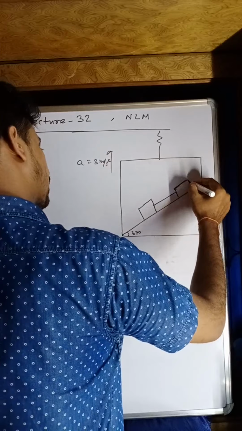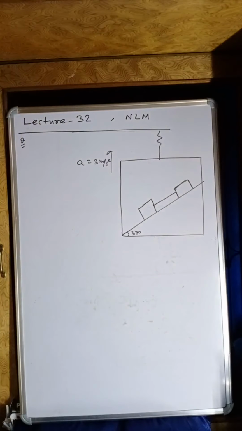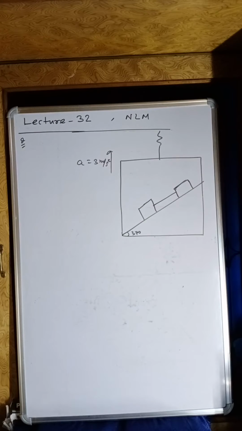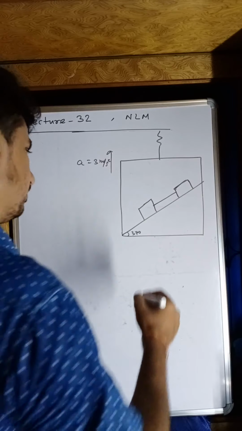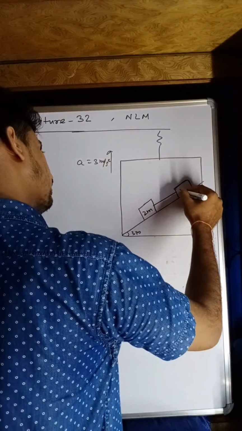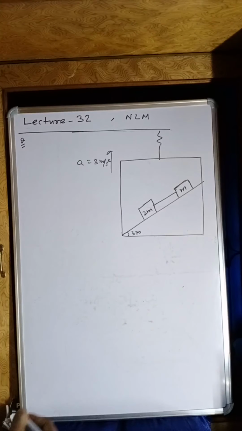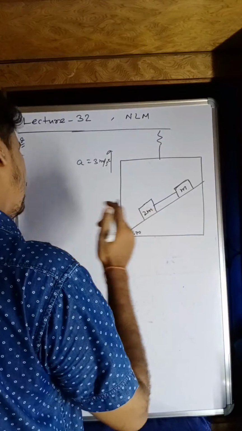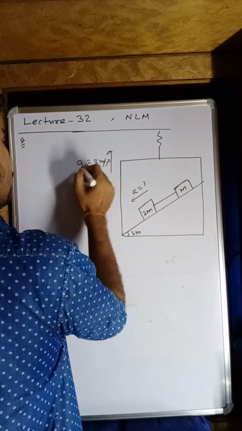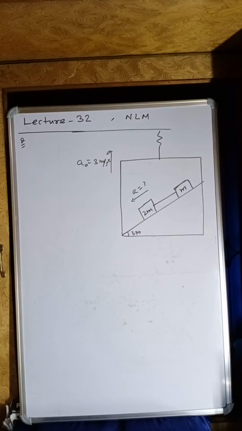If you got the concept how to solve this question, then you can solve this one also. Okay, now you are having the two blocks M and 2M. You have to find acceleration, okay, of this system. Like this is a naught, right? This is a naught. You have to find acceleration of system and tension in string.